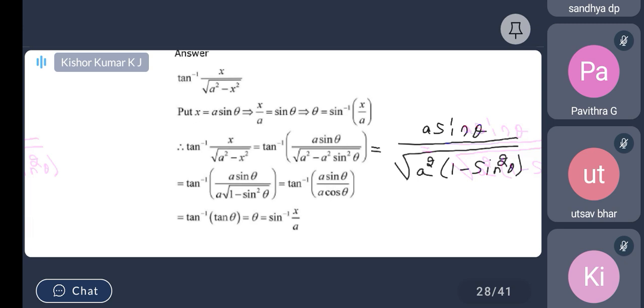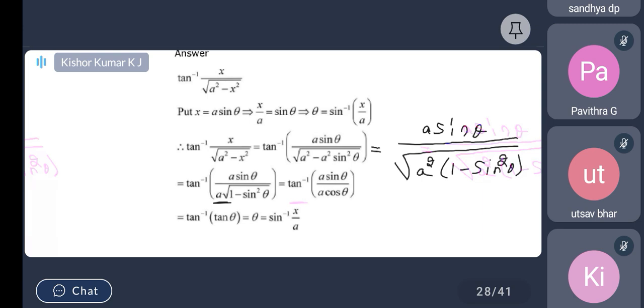And this a square outside the square root will become a. So finally, tan inverse of sin theta divided by square root of 1 minus sin square theta.